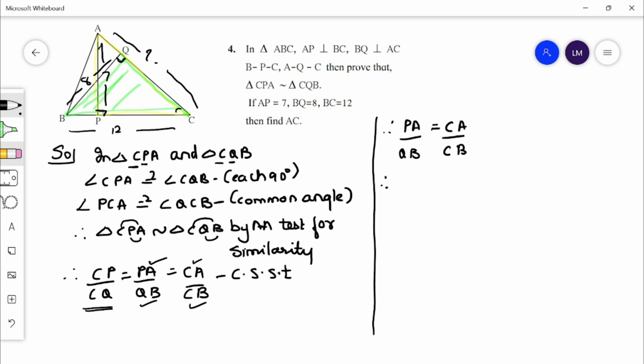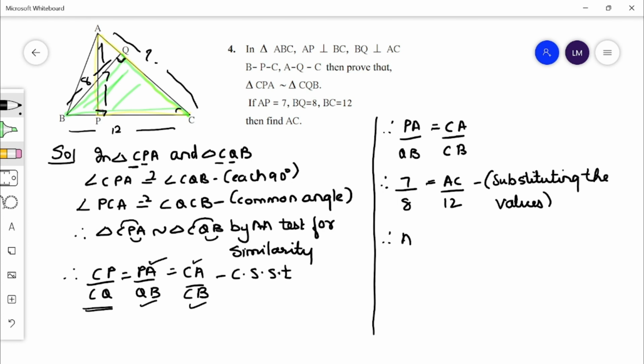So we'll just substitute the values. The value for AP is 7, QB is 8, CA we need to find, that means AC, and BC value is 12. Substituting the values, therefore AC is equal to 7 into 12 upon 8. 4 2s are 8, 4 3s are 12.